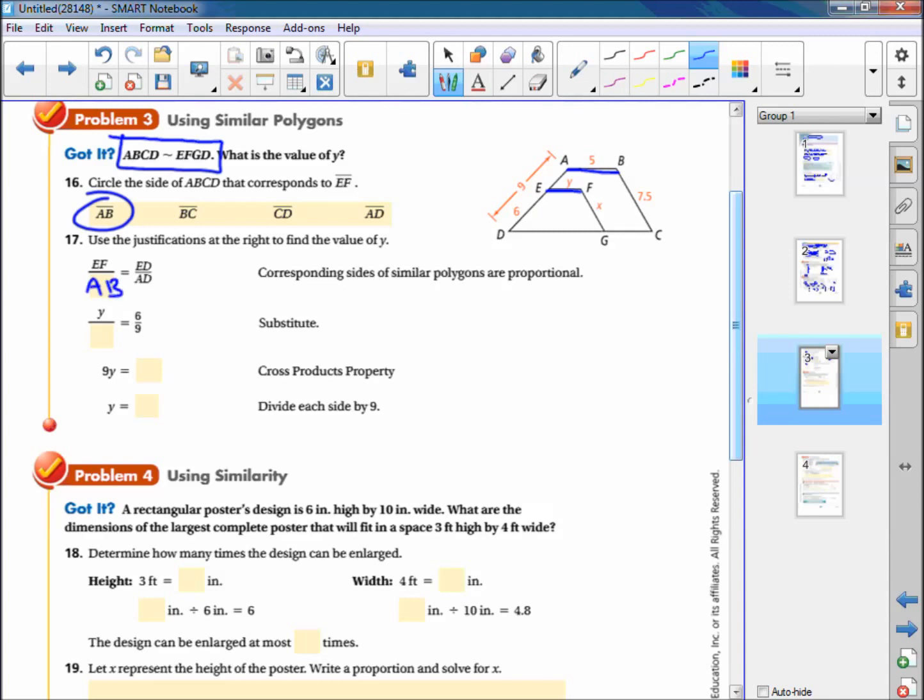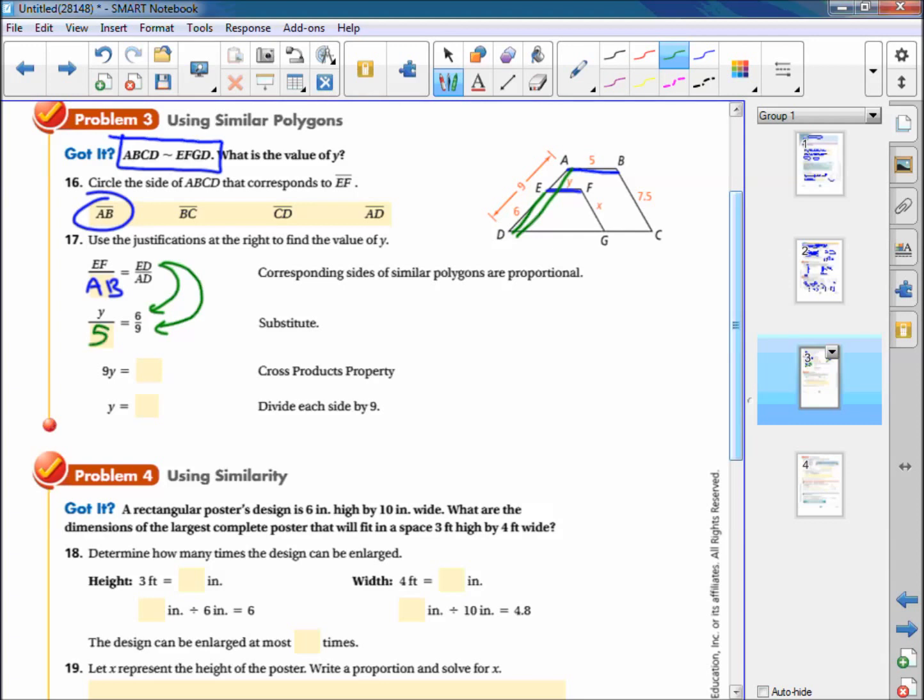and ED, which is 6, is the same as AD, which was 9. Okay. All right, so that's where the 6 and 9 come from here. ED was 6 and AD was 9. Those are two corresponding parts of our polygons. And Y corresponds with 5. The length of AB is 5.